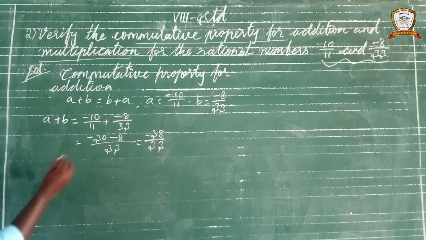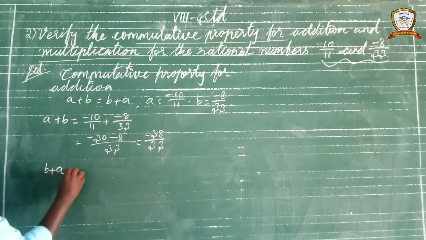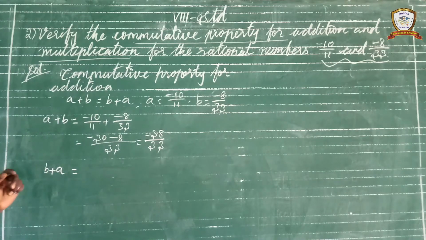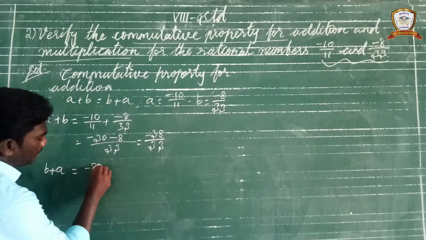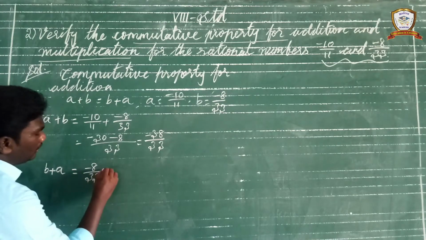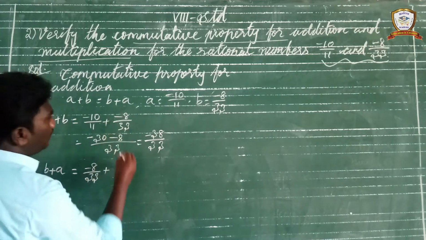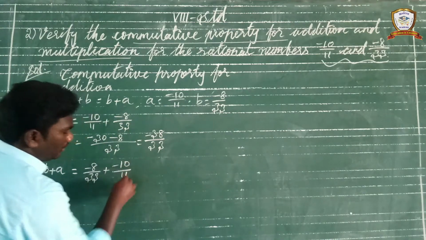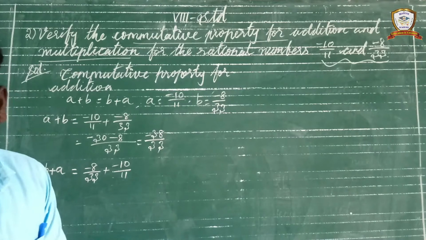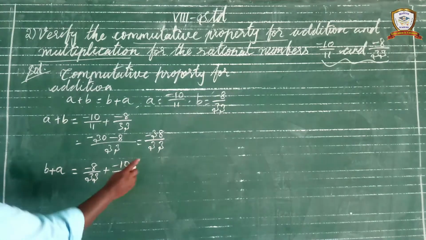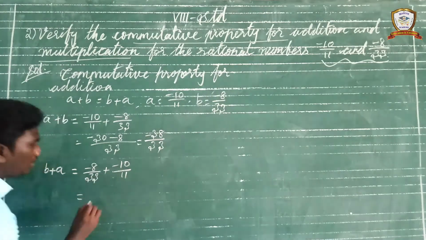Are you clear? The next one, B plus A, the right hand side, B plus A. B plus A is equal to what? So B is minus 8 by 33 plus A, minus 10 by 11. So next, these two also we want to add.